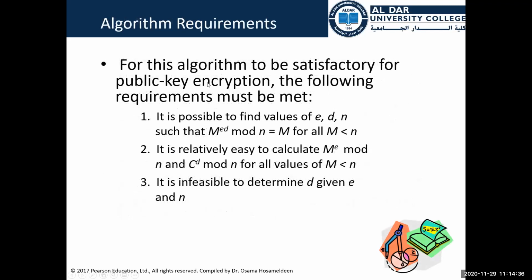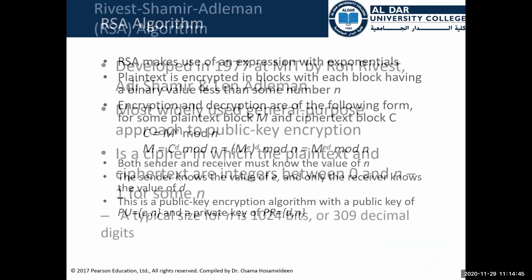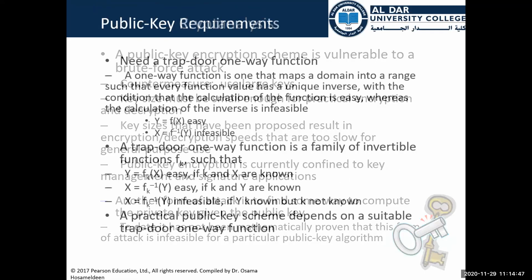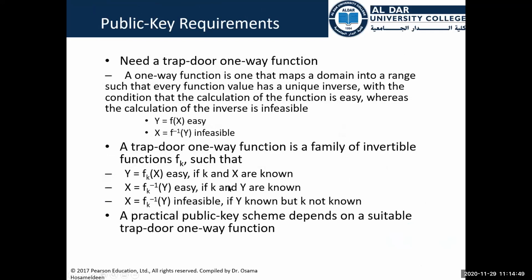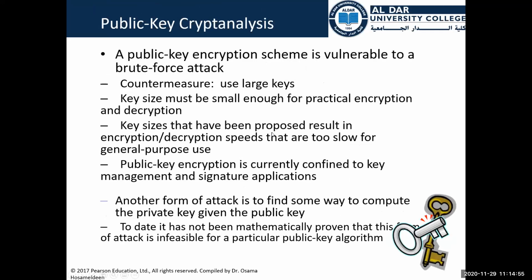We can also have the algorithm for the same conditions that we were talking about for functions here. These three conditions were for public key in general, but not for RSA.